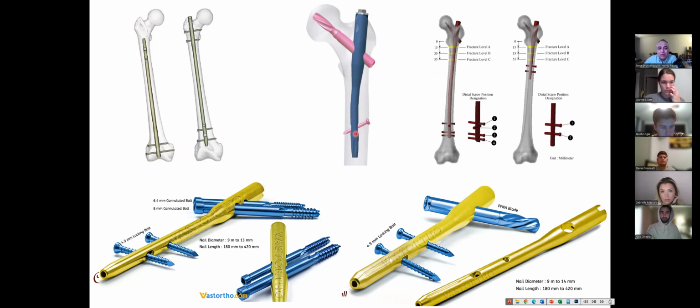It's a long hole. Or here you see, this is a static one. This is a dynamic one. When we use both of them, it will be a static locking. But if we remove this one and only use this screw, it will be a dynamic locking. You see it here. So these are different types.